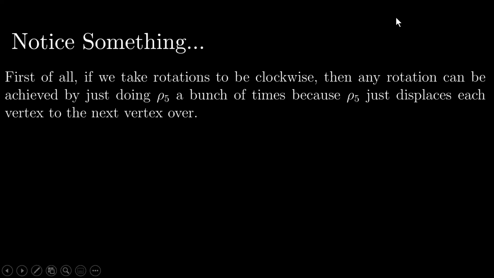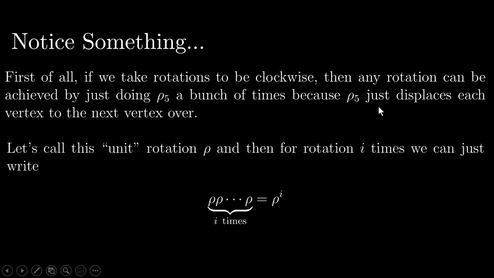So let's notice something. If we take rotations to be clockwise, rho 5 just moves the vertices over clockwise. So we can actually just take rho to be a unit rotation, which is rho 5, and we can apply it a bunch of times to get all the other rotations.